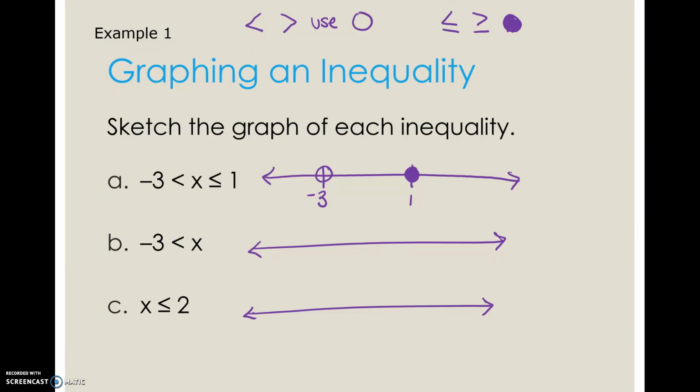The shading is between the -3 and the 1. The symbol is eating the x, so x, the shaded stuff, needs to be bigger than -3. The shaded stuff also needs to be smaller than or equal to 1. So everything between -3 and 1.